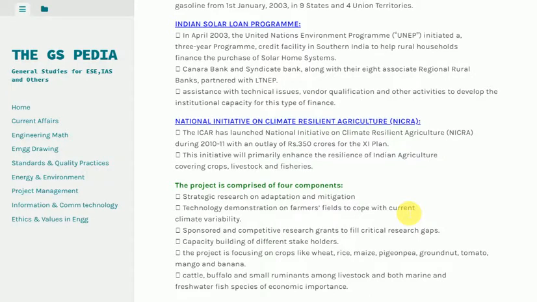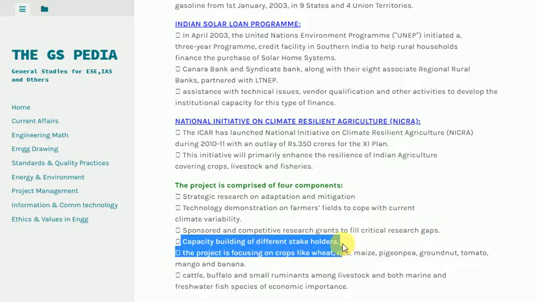The project is focusing on crops like wheat, rice, maize, pigeon pea, groundnut, tomato, mango and banana. Cattle, buffalo and small ruminants among livestock, and both marine and freshwater fish species of economic importance.